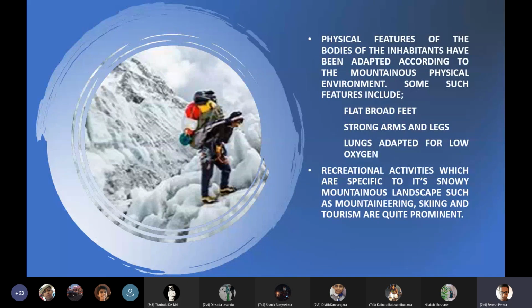Such an environment has also attracted tourists, both local and foreign, as they love to engage in recreational activities specific to snowy and mountainous landscapes, such as mountaineering, skiing, and tourism.